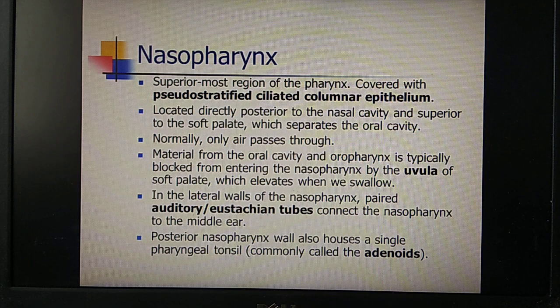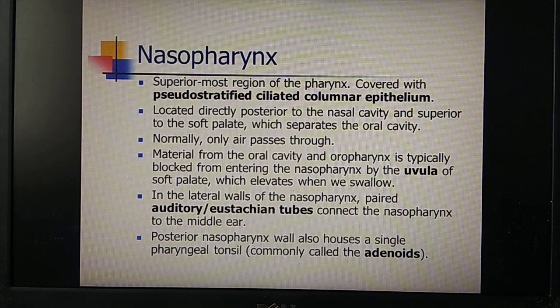In the lateral walls of the nasopharynx are the paired auditory or eustachian tubes, which connect the nasopharynx to the middle ear. So whenever we feel some ear pain, it is because the nasopharynx is connected to it.